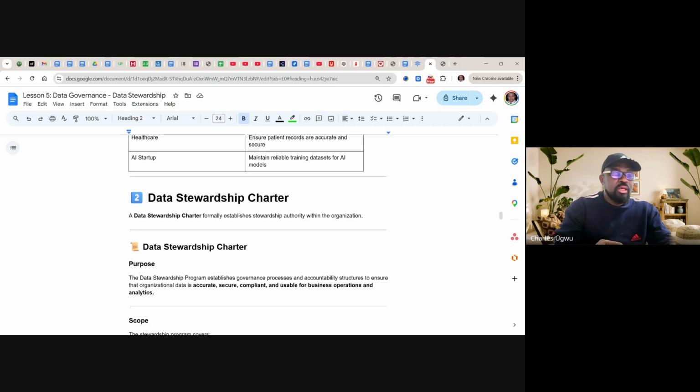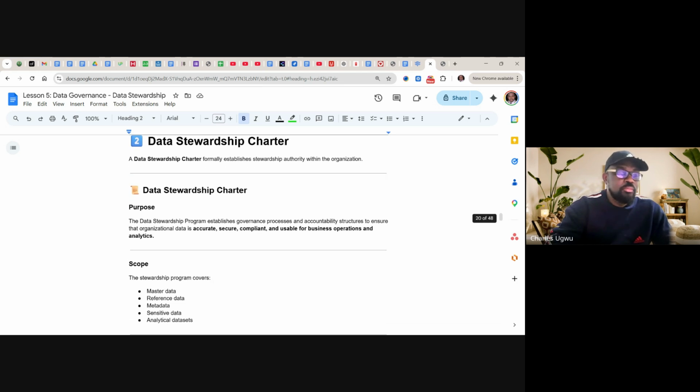If you come down here, you create a charter. To create a charter, the data stewardship charter, the purpose here: the data stewardship program establishes governance processes and accountability structure to ensure that organizational data is accurate, secure, compliant, and usable for business operations and analytics.